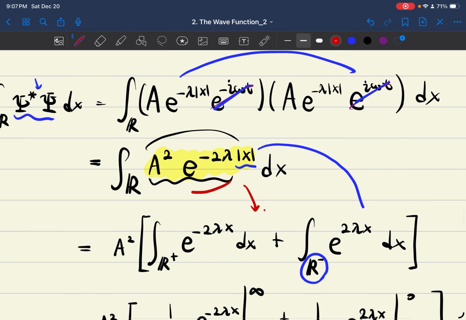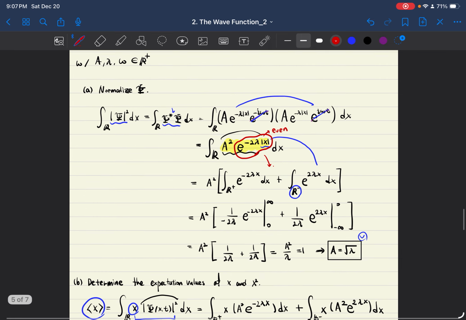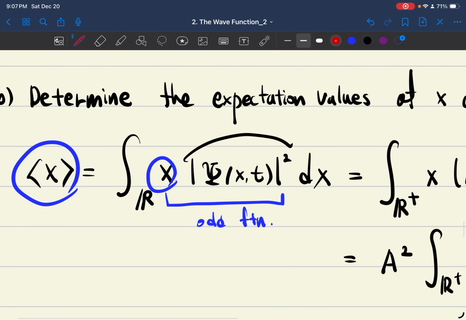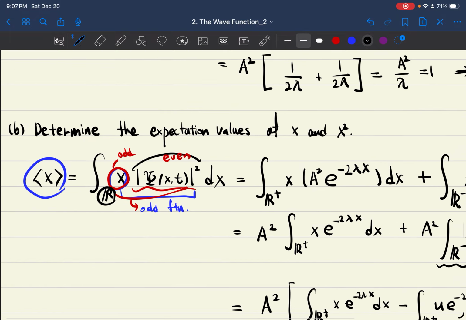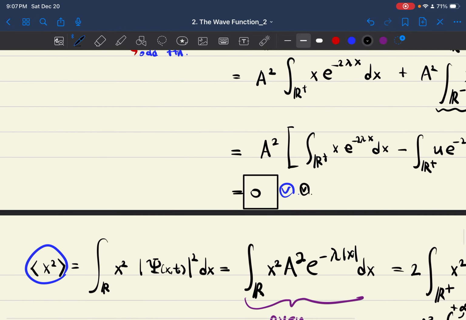But here, you know that this is an even function. And when we multiply x, an odd function, with an even function, the whole function is odd. So when you integrate this over the whole space, you can just get this 0 value. Intuitive.